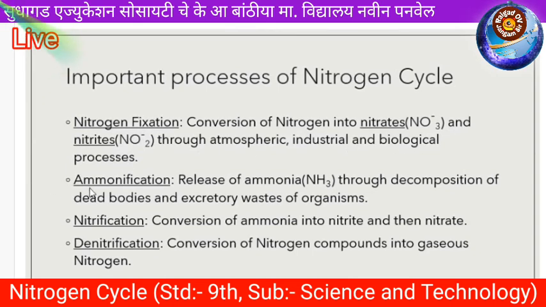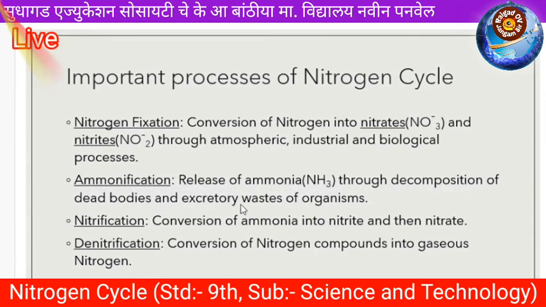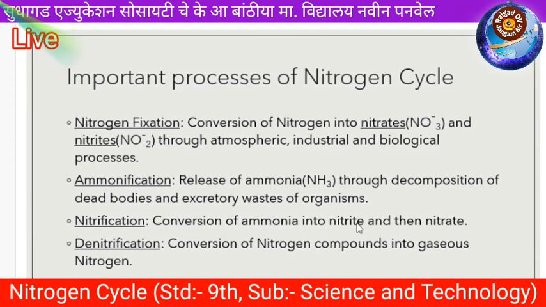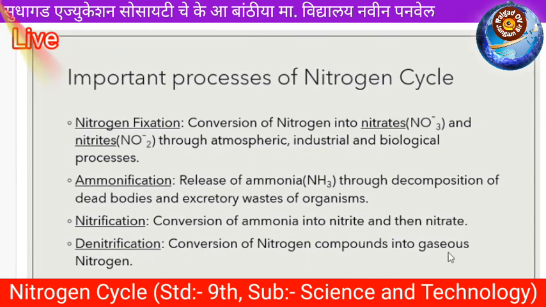Second one, ammonification: release of ammonia NH3 through decomposition of dead bodies and excretory waste of organisms. Third one is nitrification: conversion of ammonia into nitrite and then nitrate. Fourth one is denitrification: conversion of nitrogen compounds into gaseous nitrogen.